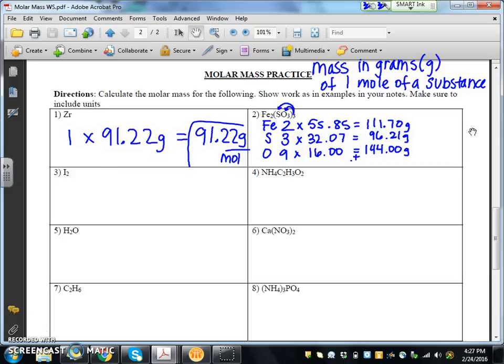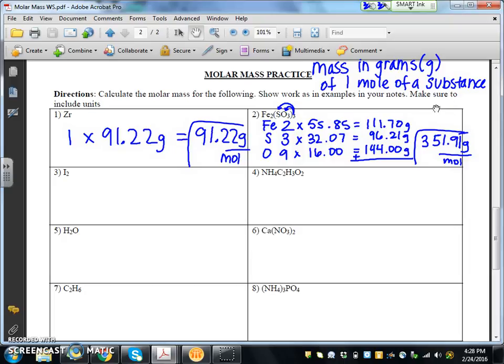When I add them all together, I say 111.70 plus 96.21 plus 144 will give me 351.91 grams per mole. And that will be my answer for problem number 2.